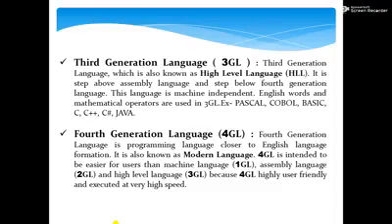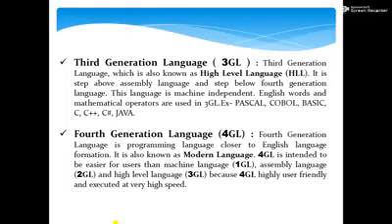And the last one is fourth generation language. Fourth generation language is a programming language closer to English language formation. It is also known as modern language. Fourth generation languages are closer to human language than other programming languages, and are accessible to people without formal training, which means people do not require any formal training to use them.